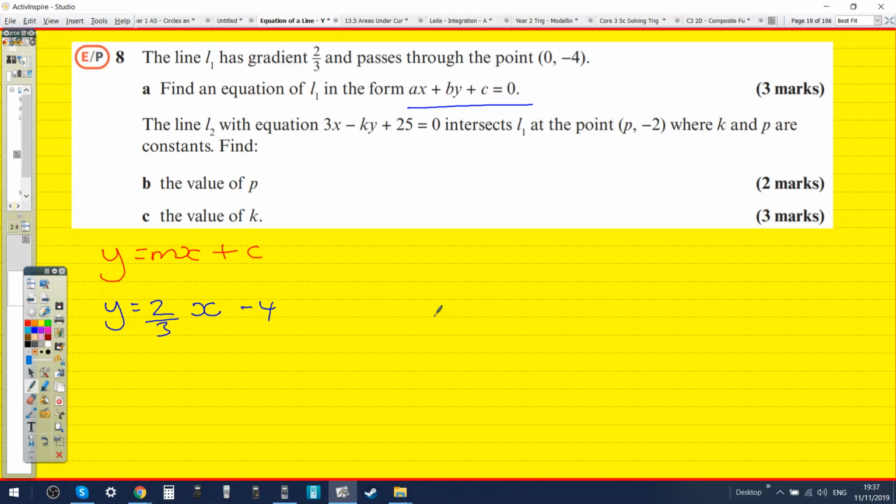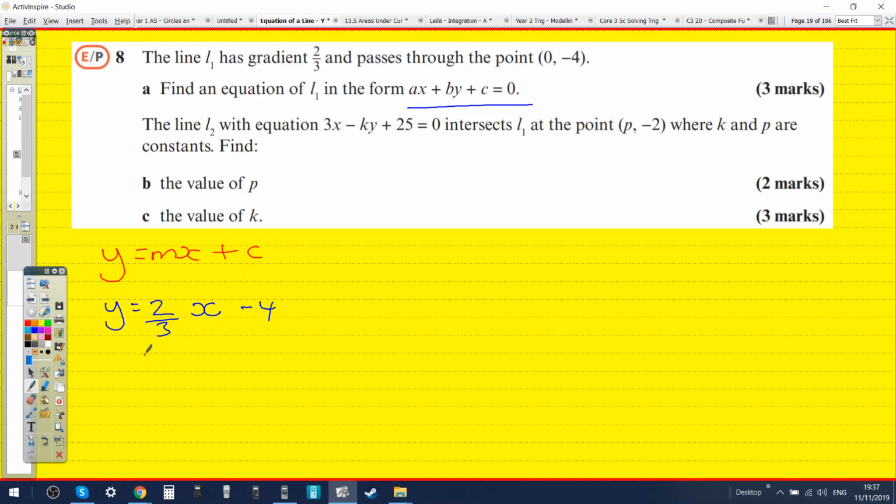So does that mean I just need to make it into, do I need to make y equals 2/3 x minus 4 equals 0? Yeah, that'd be the first part.